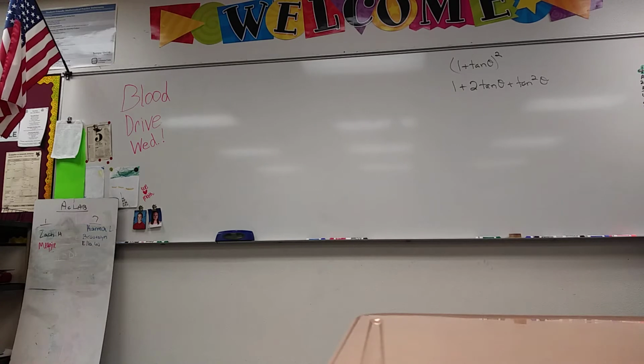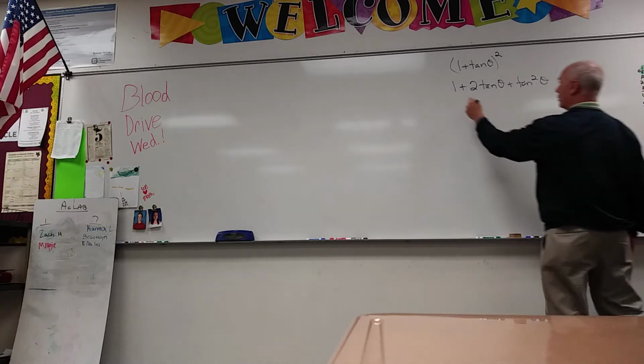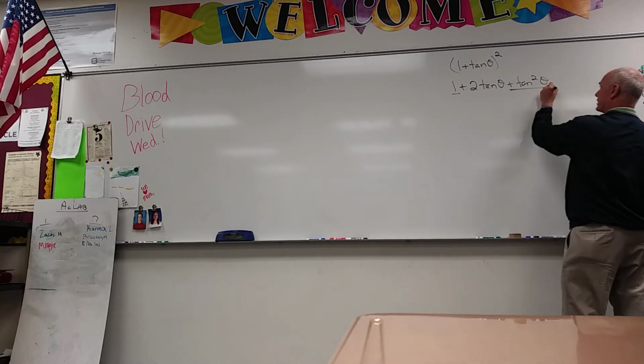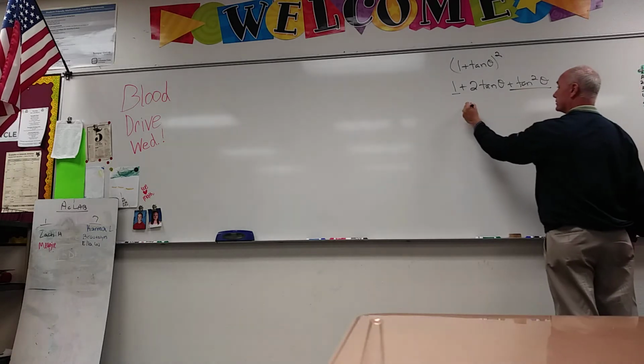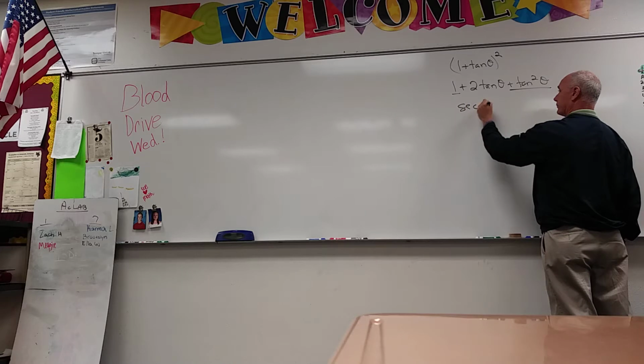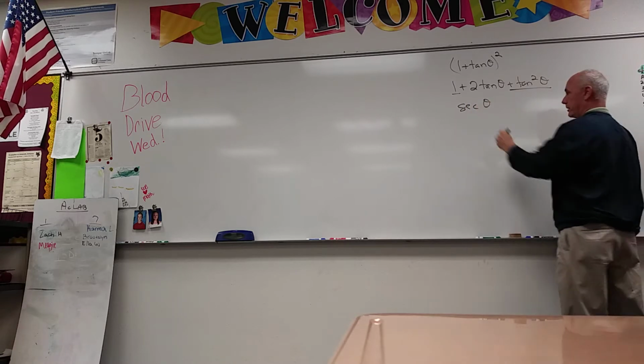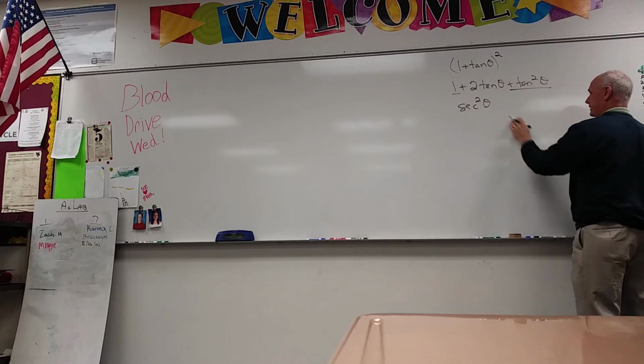Anything you like now? What? 1 plus tan squared of theta is secant squared of theta, yeah, everything's squared in the Pythagorean identities.